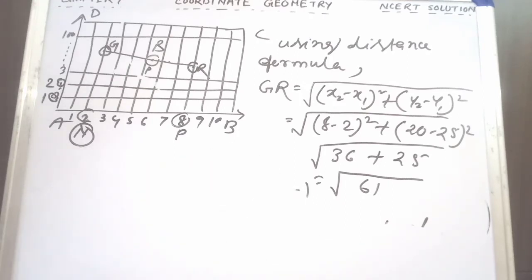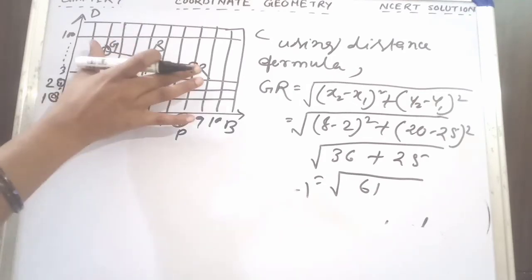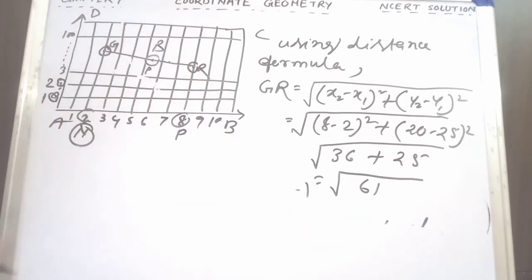Are you getting my point, students? In case Rashmi posts a blue flag exactly halfway on this line segment, that means this point. Here P is the midpoint of GR. So you have to find the coordinate of P. That means where should she post her flag?